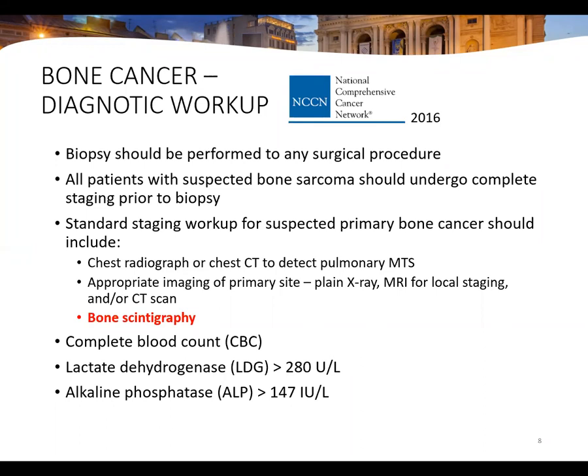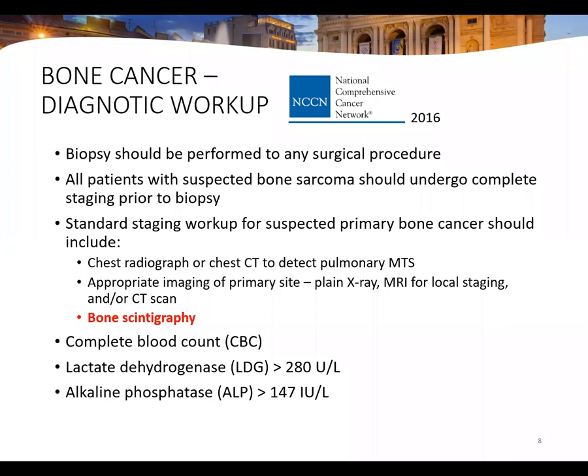It's a nuclear imaging method. Also we perform complete blood count and measuring of oncomarkers, non-specific actually, but still very useful, such as LDH, lactate dehydrogenase. In case of more than 280 international units per liter, we can suspect the presence of malignant bone tumors.